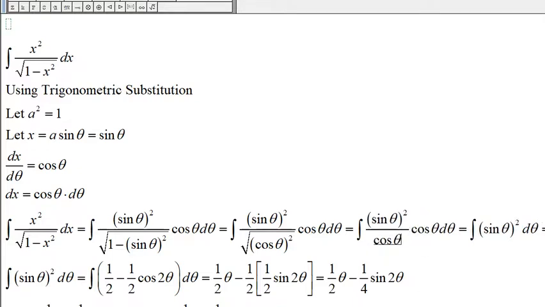The square root of cosine squared is just cosine. Cosine theta divided by cosine of theta is 1. So what's left is just the integral of sine squared.